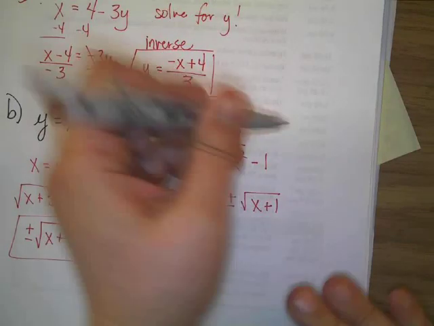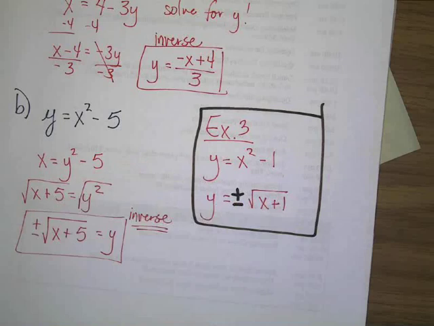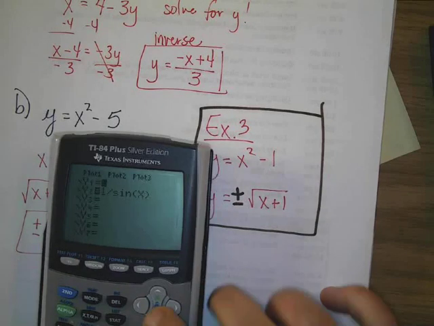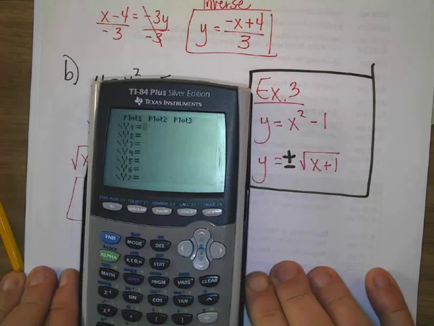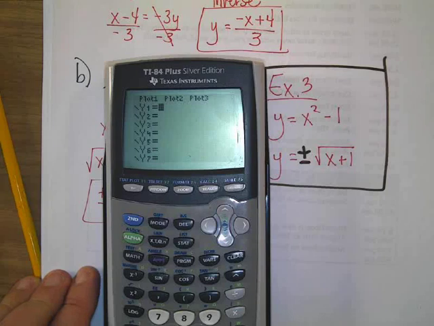Okay, so here's what we're going to do. We're going to graph this, but you notice right here there's a plus or minus. We can't do plus or minus in our calculator. So go to your y equals, please. We're going to have to put in two different equations, one for plus and one for minus.